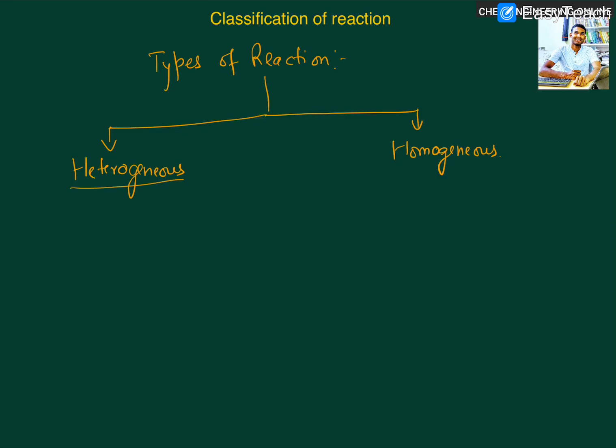So to understand this heterogeneous and homogeneous, we will take our previous performance equation and try to see more in detail. That is, as we have already said, that output of a reactor will be a function of input, kinetics and contacting pattern.